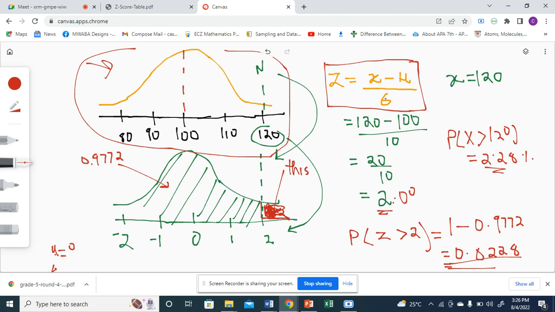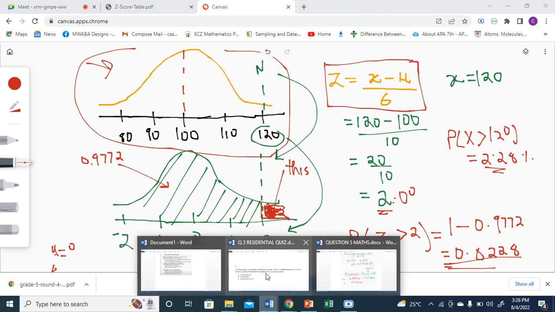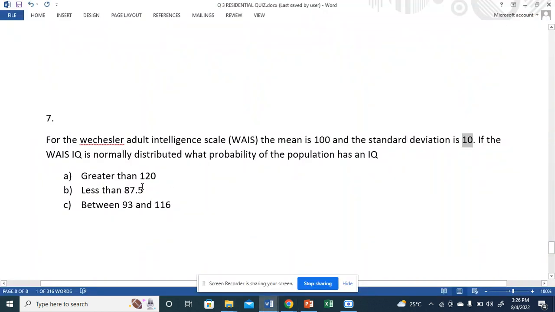Yes, sir. All right. Since we're getting our z-scores, we've been told first to find the probability that the IQ is greater than 120. In this case, this 120 is your X. All these numbers here are going to be your X's when you're finding your z-score.